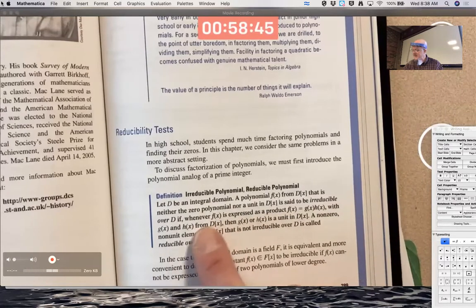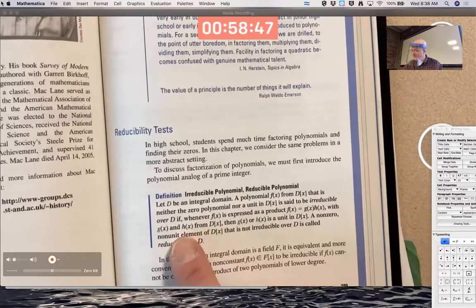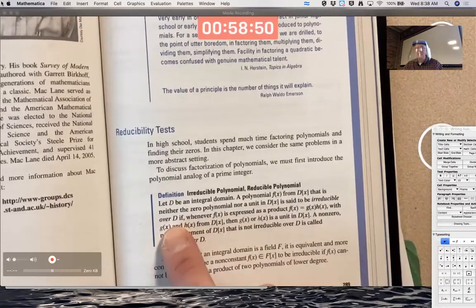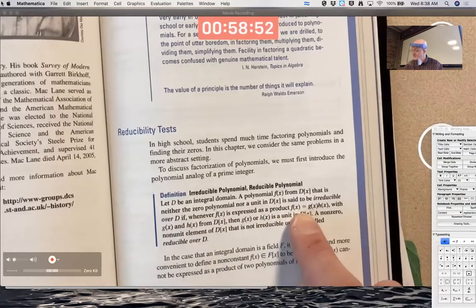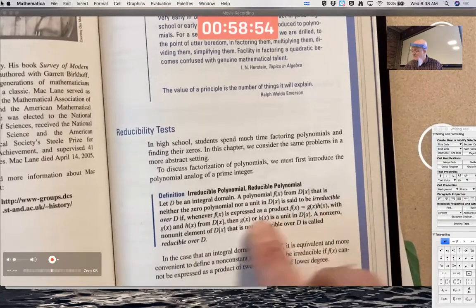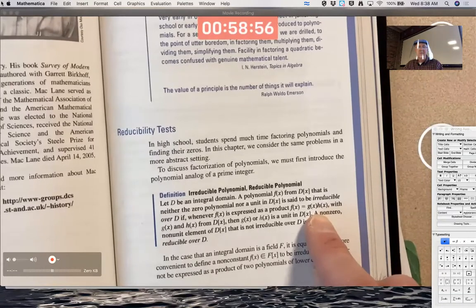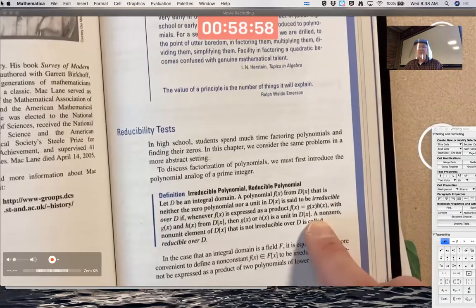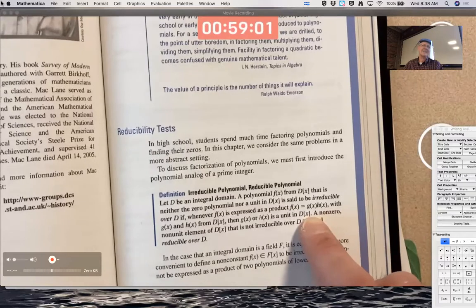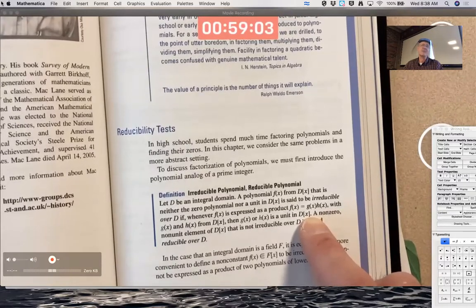It says f of x is irreducible over D if whenever f of x is expressed as a product of elements from D of x, one or the other one of those, g of x or h of x, must be a unit in D of x. In other words, it must have a multiplicative inverse.